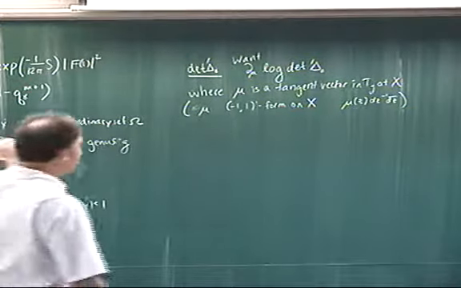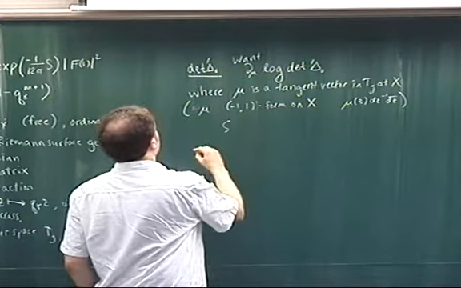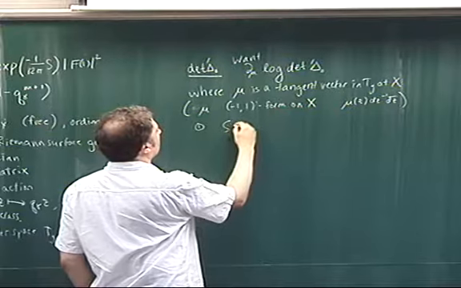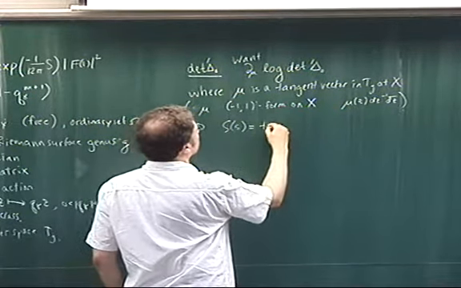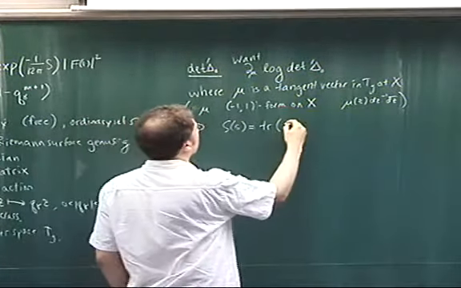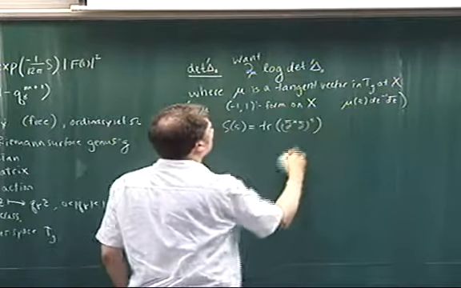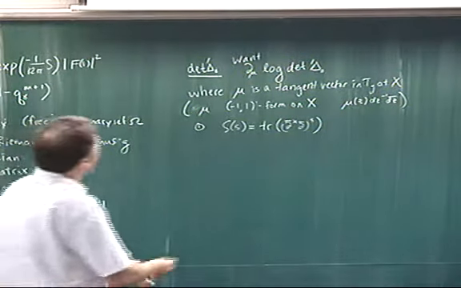The zeta function is the trace of this operator, and so it makes sense then to, no, that wouldn't make sense.